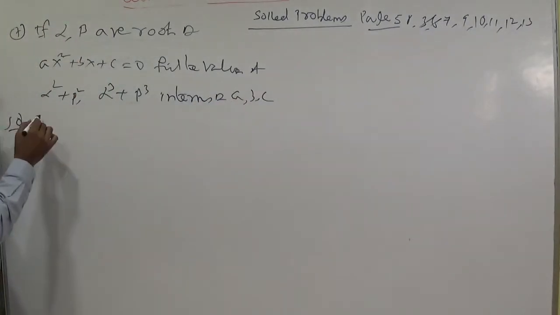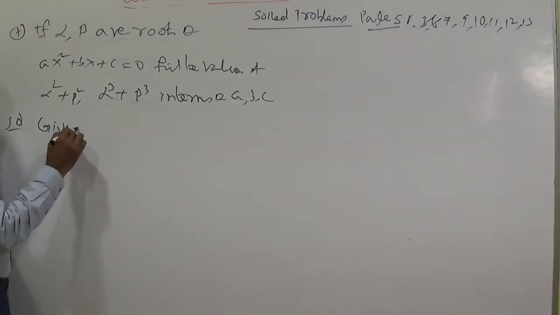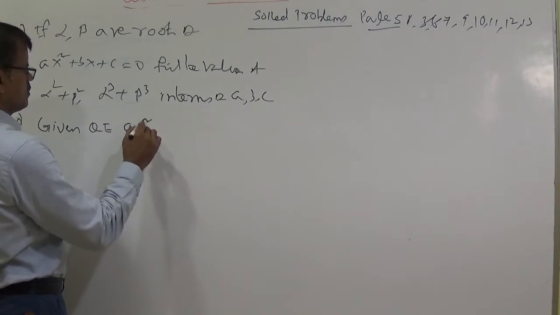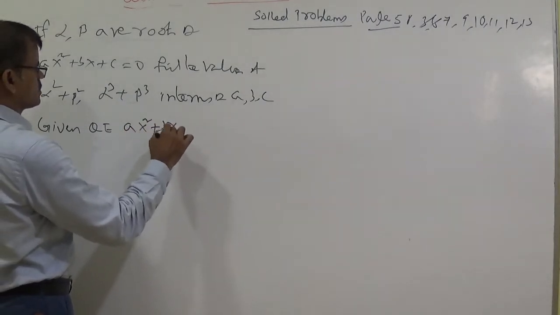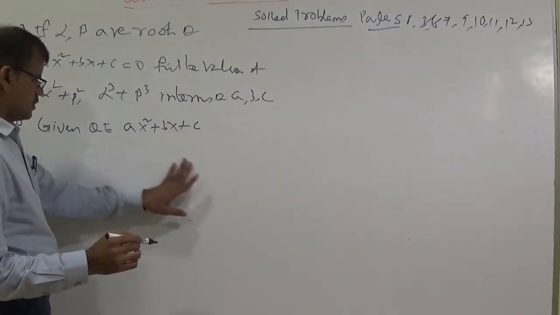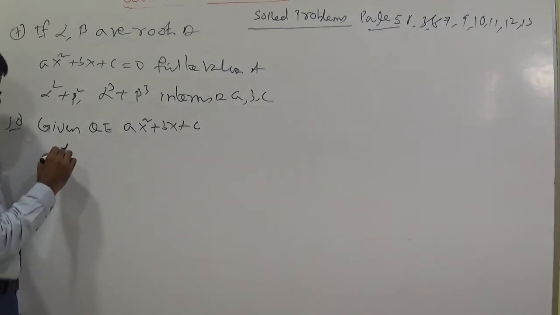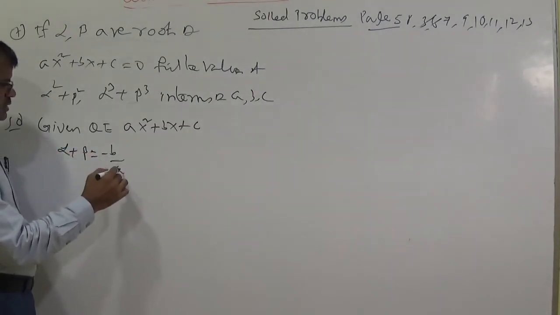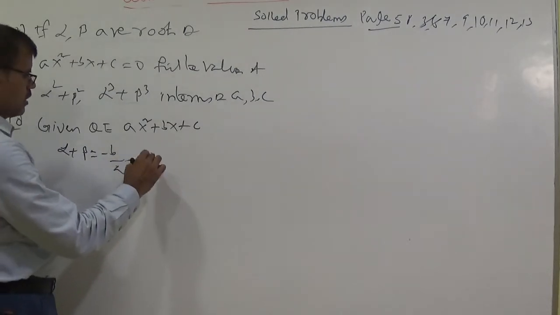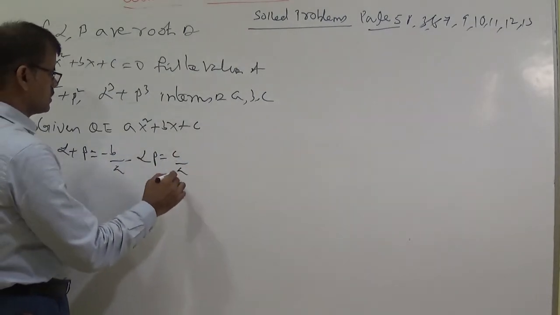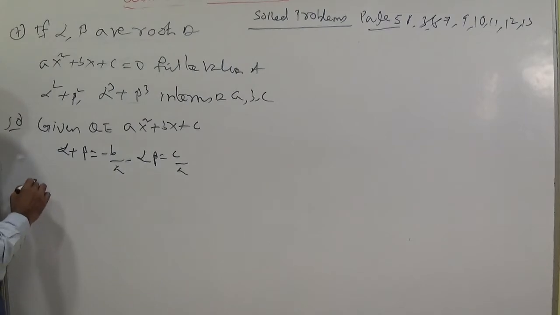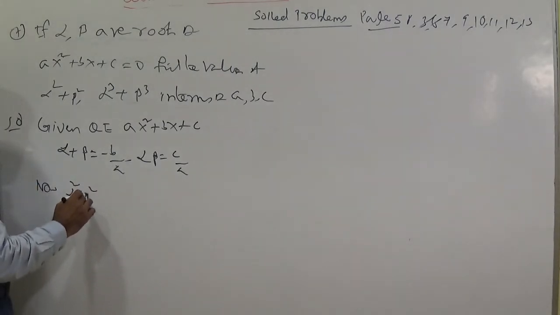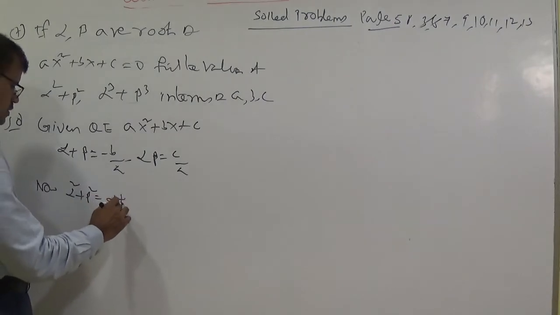Now, the given quadratic expression is ax square plus bx plus c. Using the notation, alpha plus beta is minus b by a and alpha beta is equal to c by a. Now we should calculate the value of alpha square plus beta square.